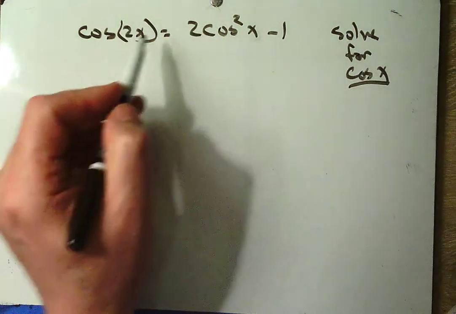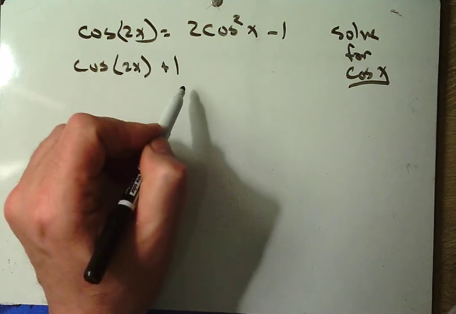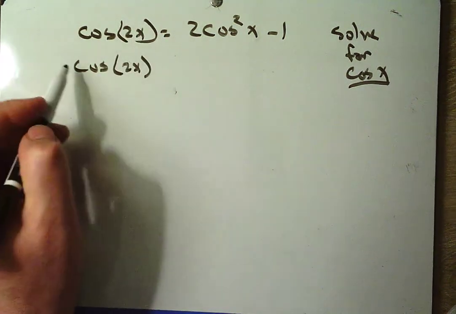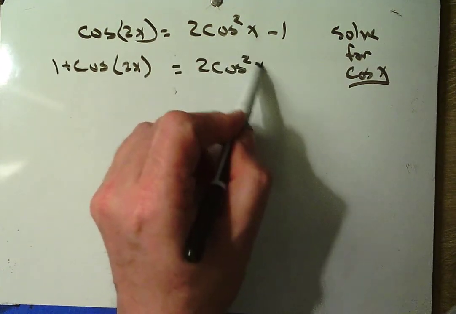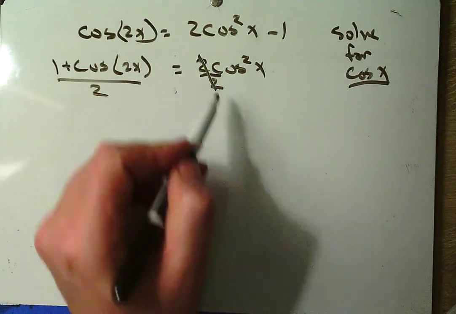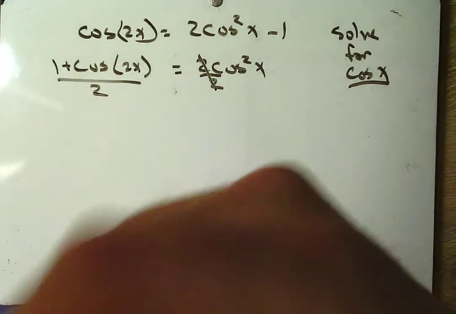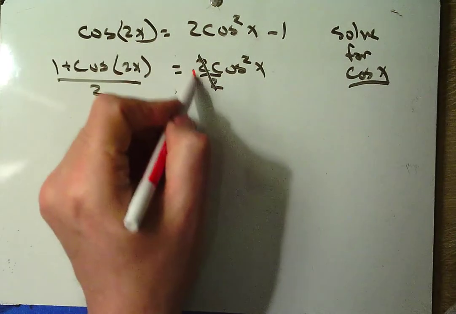I'm going to add 1: cosine 2x plus 1. Actually, in the book, you see the 1 over here, and we've got 2 cosine squared x. Now we'll divide everything by 2, and then we'll take the square root of both sides to undo that squaring.